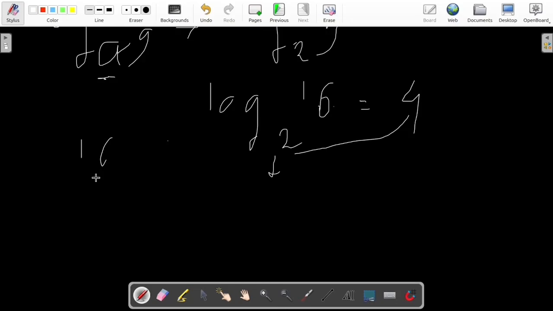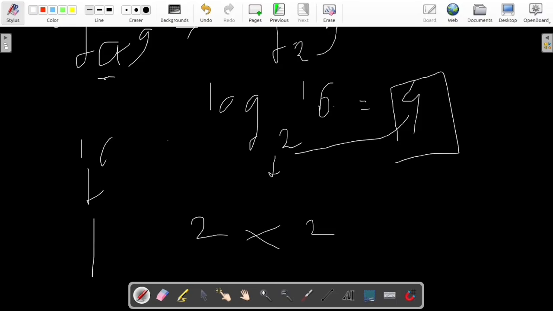How many powers of 2 are required to convert this 16 into 1? Or how many times do you need to divide this 16 by 2 to get 1? Of course, you need to divide it 4 times because using 4 powers of 2, you have constructed this 16. So you have to remove all the 4 powers. So it means you have to divide it 4 times to reach 1.